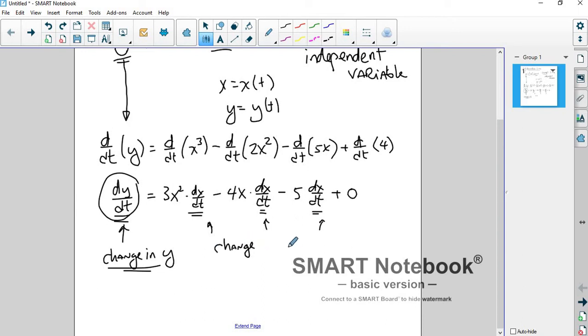So this means how quickly it's moving left and right on the graph. And so your changes are related to each other. The rate of change of y is related to the rate of change of x because the dx/dt and the dy/dt are in an equation together. So that's where the idea of related rates comes from.